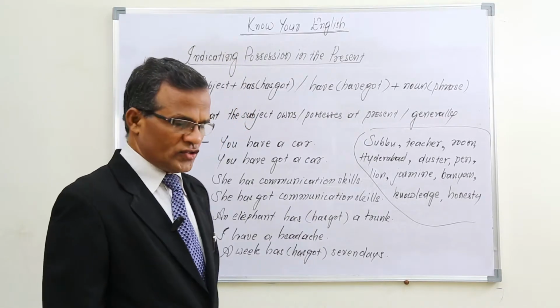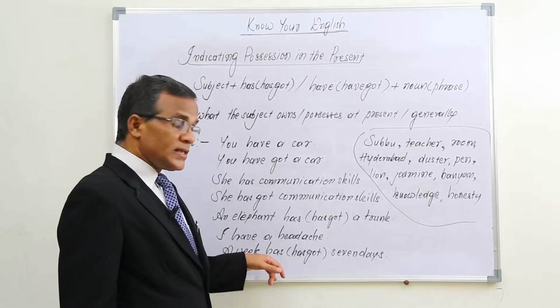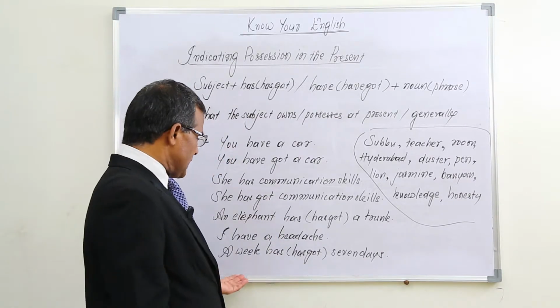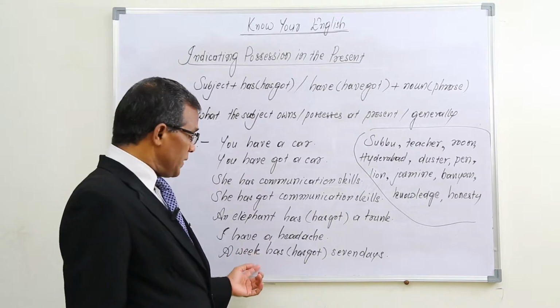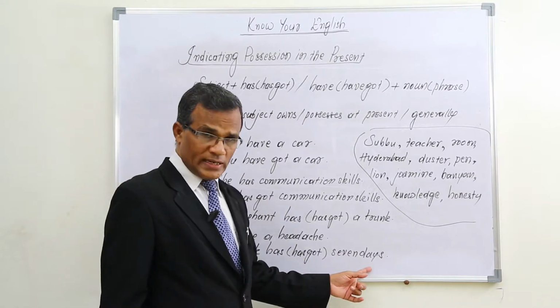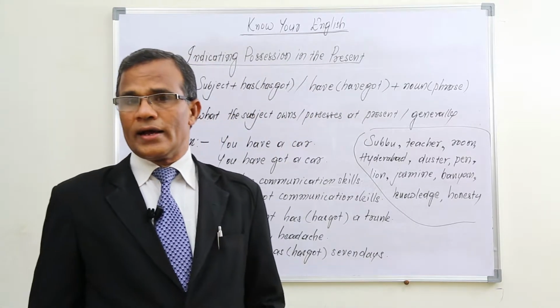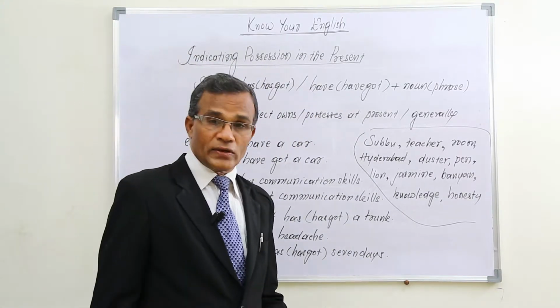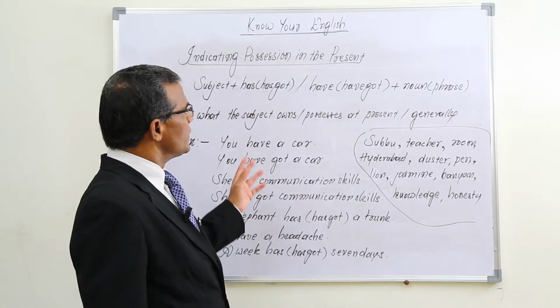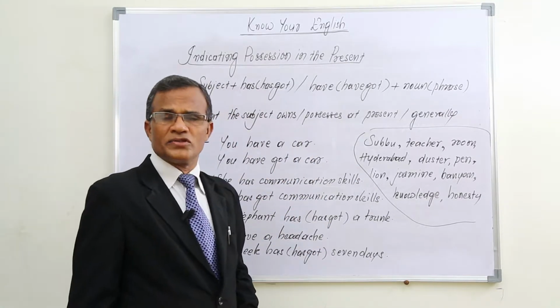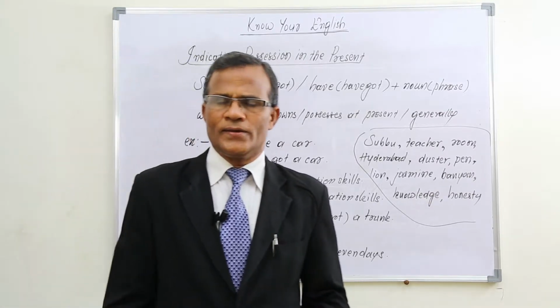And in the case of a week of 7 days, we can say a week has 7 days. A week has got 7 days. A year has generally 365 days. Like that, we can use all these things according to this indicating possession in the present.